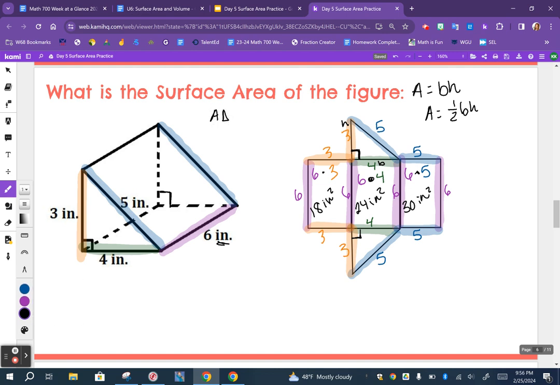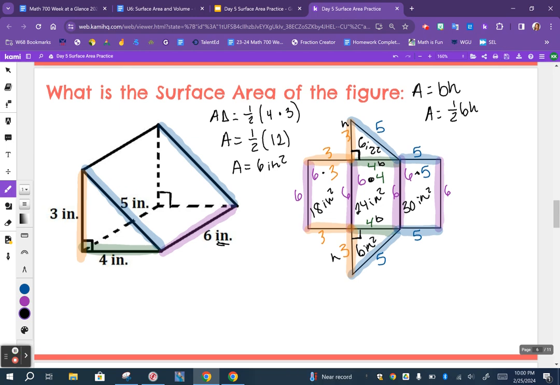So area of the triangle, we're going to do 1/2 times the base of 4 times the height of 3. Take 1/2. 4 times 3 is 12. So the area of this triangle is 6 inches squared. And then because this triangle has the same base of 4 and the same height of 3, we can say that it has the same area of 6 inches squared.